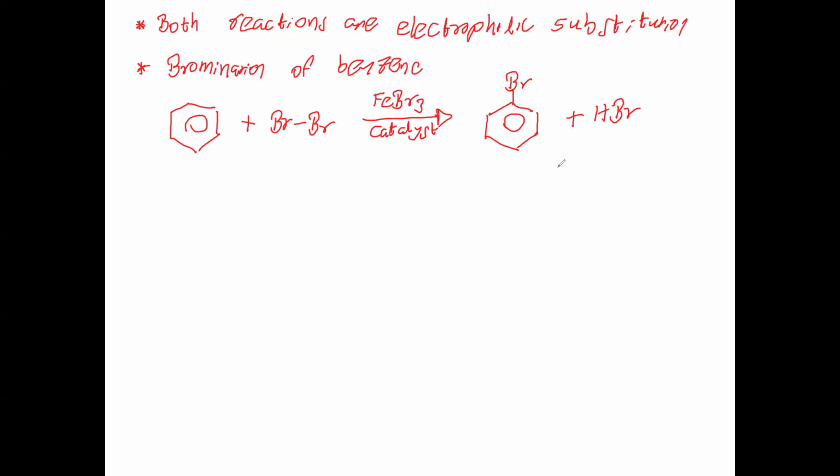So one thing we can see here is that bromination of benzene requires a catalyst such as FeBr3.